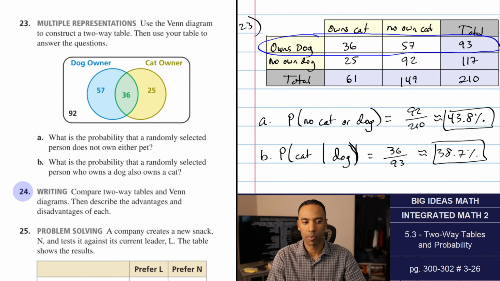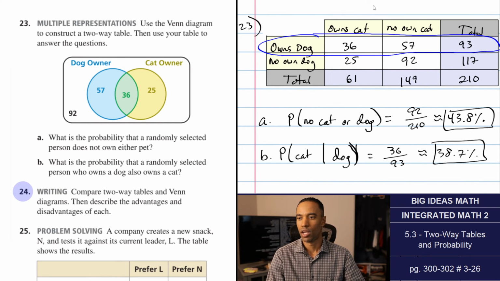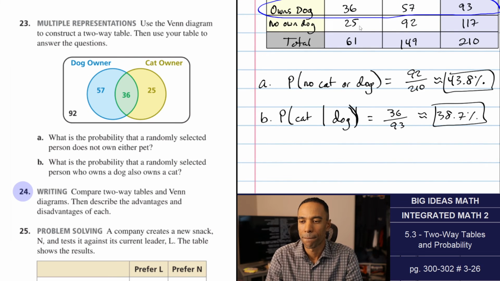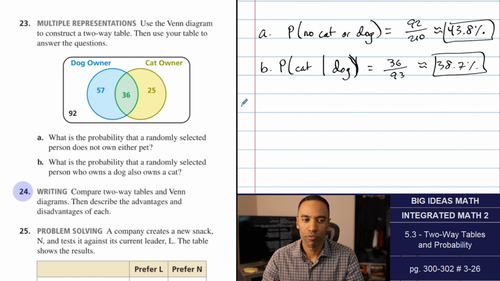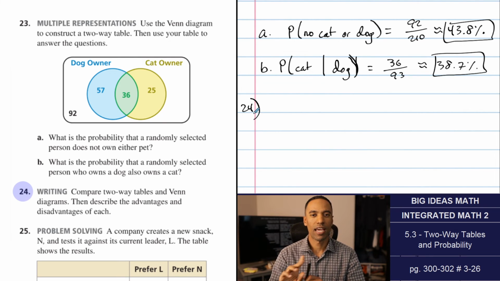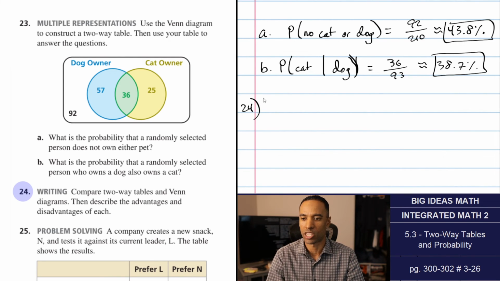Okay, number 24. Compare two-way tables and Venn diagrams, then describe the advantages and disadvantages of each. They're both visual, but Venn diagrams have a little more of a visual aspect to them.